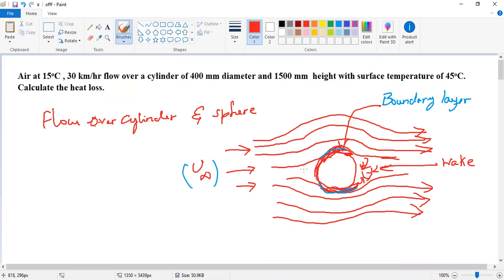In viscous flow, there is a change in the flow in this area. The starting point of the flow in this direction is a stagnation point.